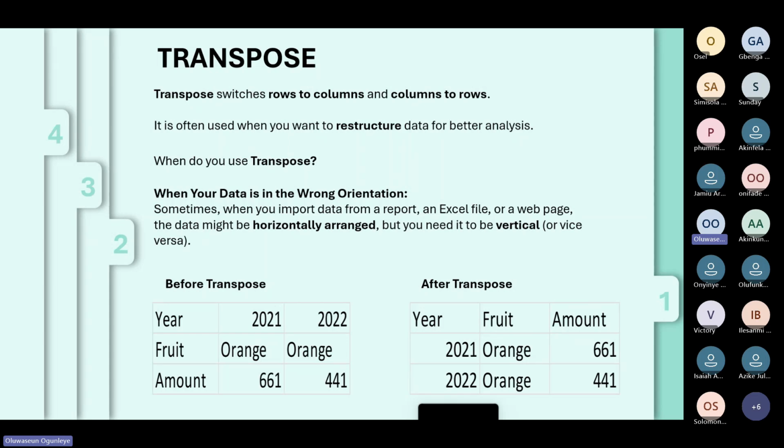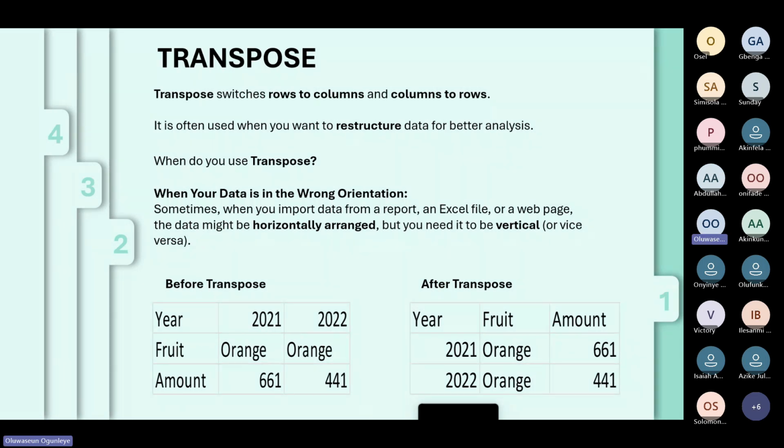For this example now, look at this. This one is before transpose. We have our year here, the first column. Under the year, we have fruits, then followed by amounts. Then look at the second column now. We have 2021. 2021 is our year, right?